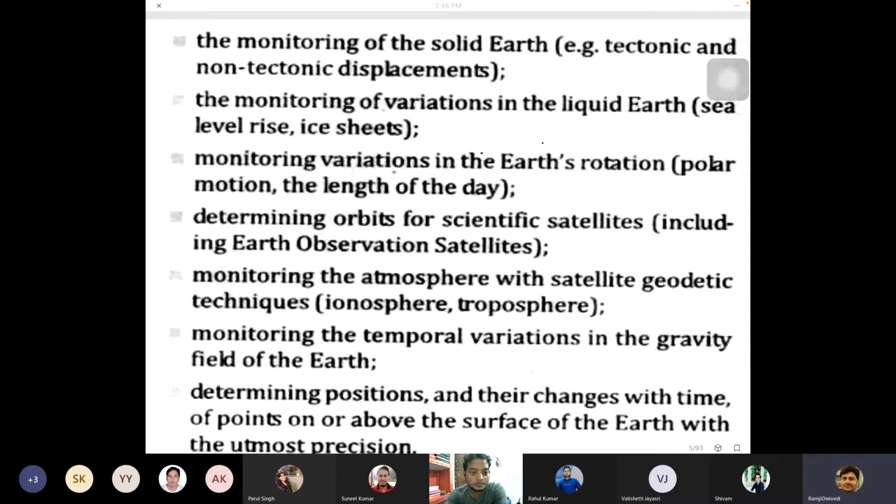When we say space-based methods, that means satellite missions like GRACE, GOCE and CHAMP. These are the missions which eventually helped us in giving gravity estimations with respect to a certain benchmark.